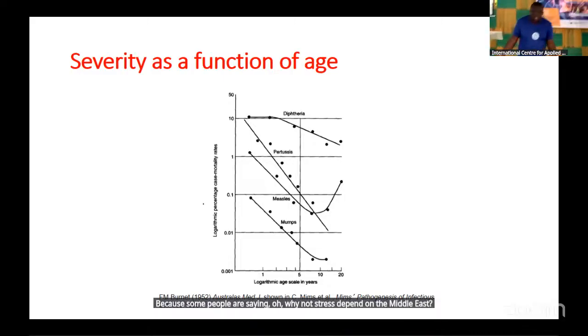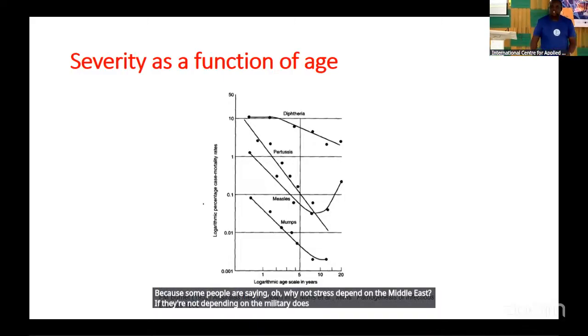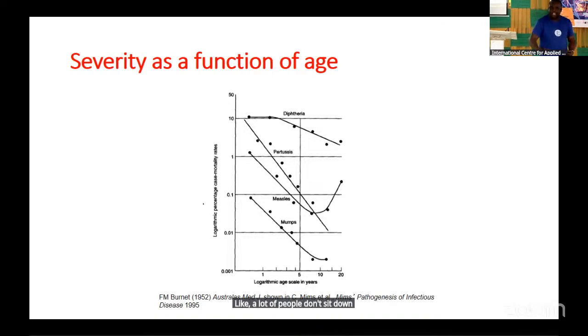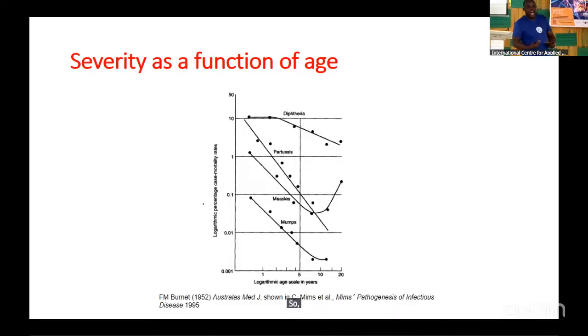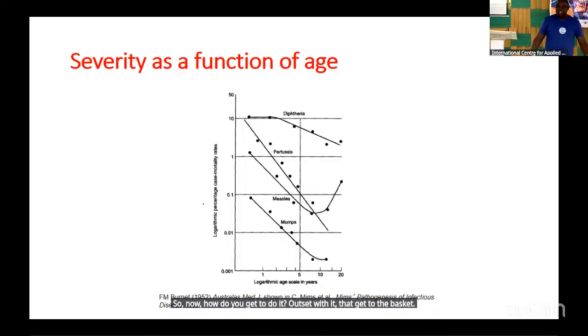We cannot depend on immunity because immunity is also endogenous. You can be born of the same parents and not have the same level of immunity. So how do we get immunity? We can get immunity through vaccines. Vaccine-induced immunity. That's why the government, the policy makers, said let's go for vaccine use.